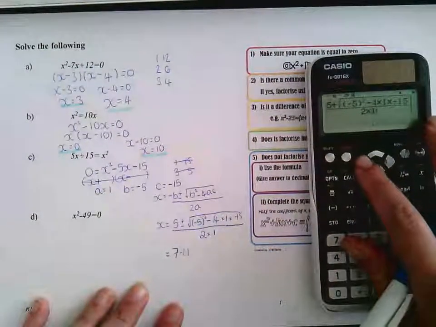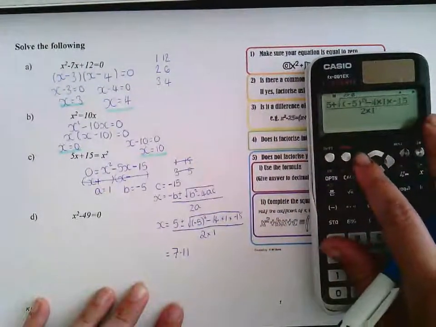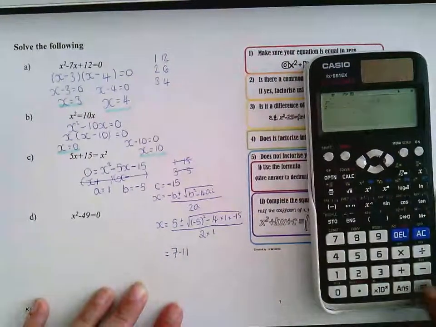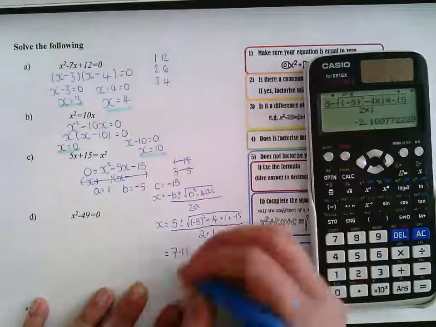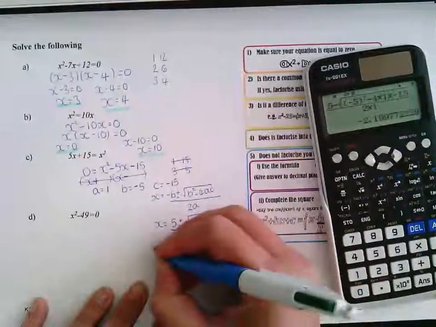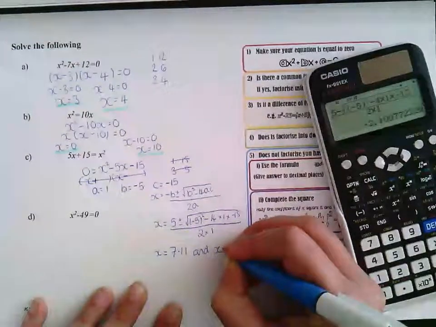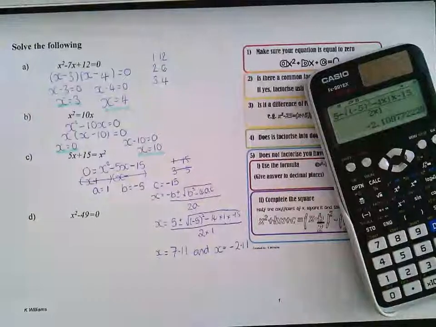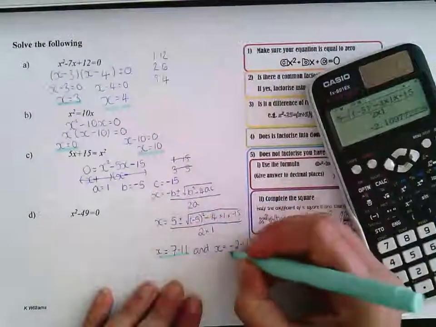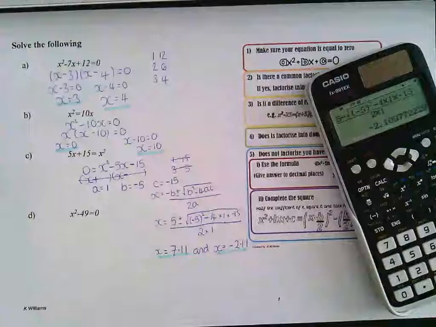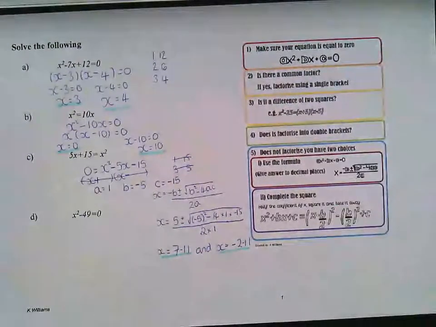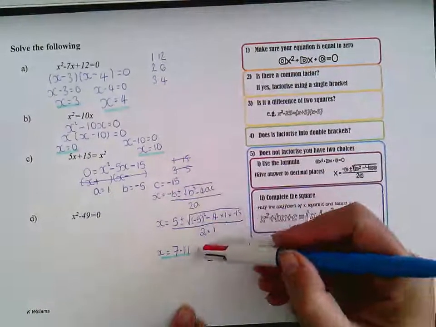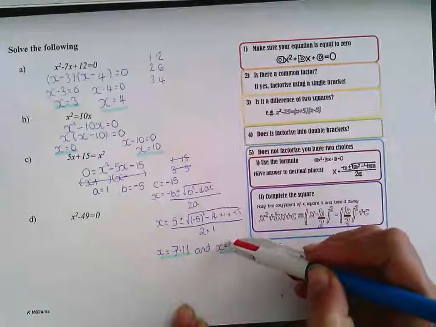And then I'm just going to use my arrow, go back and change the symbol to a minus. And they are my 2 solutions. And we do that when we can't factorise. We use the formula. As you can see, it took me a little bit longer. I had a bit more to write. I always write this down because this gives me the marks I need in the exam.